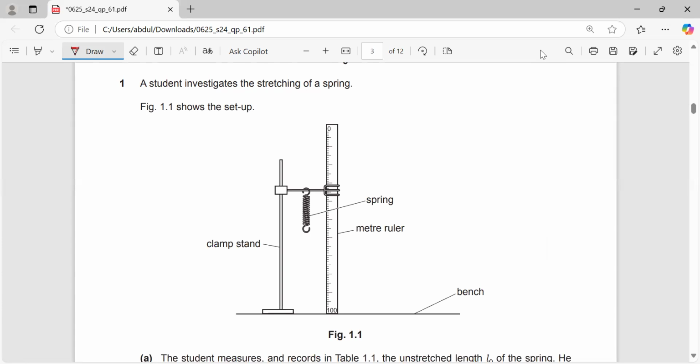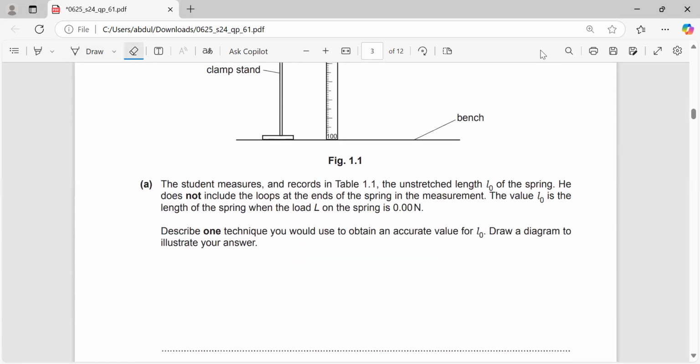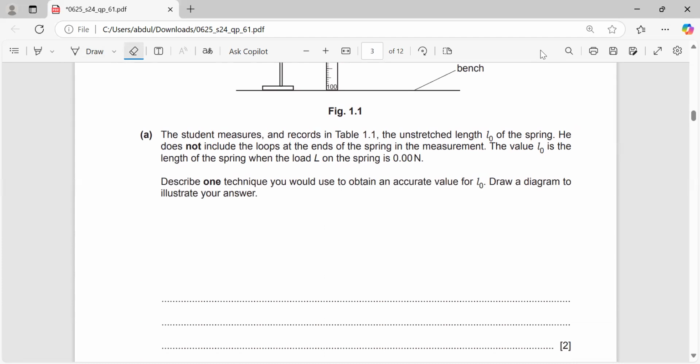And then next, the student measures and records in table 1.1 the unstretched length L0, in other words the original length, and he does not include the loops at the ends of the spring in his measurements, so loops are not included.